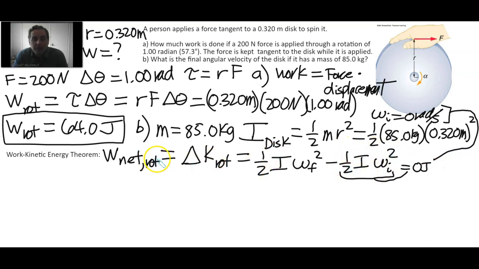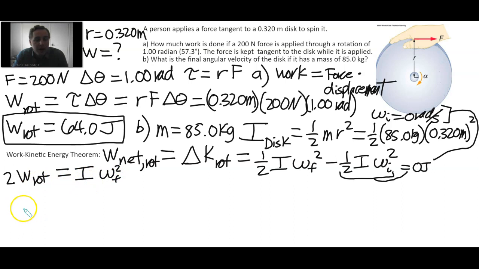So notice, if we want to solve for the final angular velocity, let's just take this term, 1/2 I omega final squared, equal to the rotational work, which we already have, and solve for omega final. If we multiply both sides of this equation by 2, we have 2 times the rotational work is equal to the rotational inertia times the angular velocity squared.